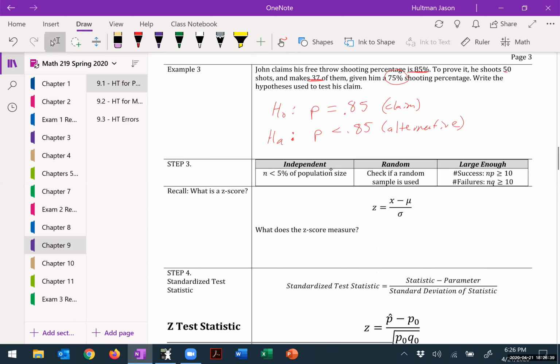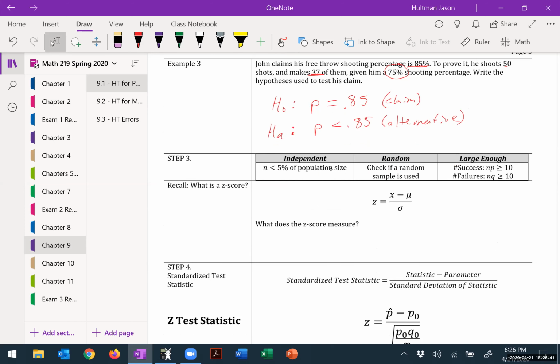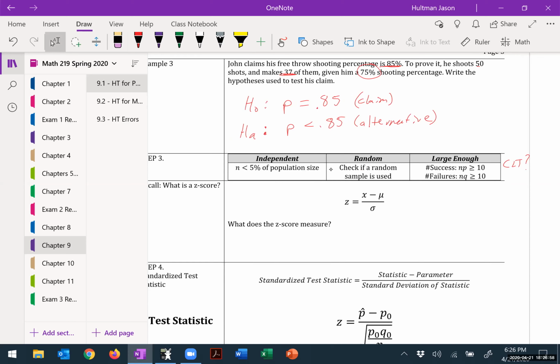Okay, step 3. Is it independent, random, or large enough? We want to test, is the central limit theorem (CLT) satisfied? Can I use a normal distribution?